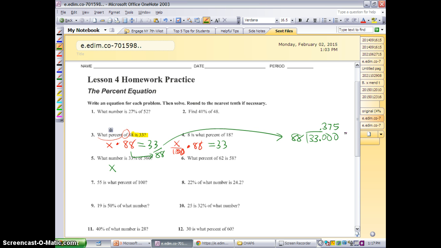I'm going to change that to a percent because it's a decimal. If I kept the 100 under the x, that's how I would change the decimal to a percent. So I'm going to move that decimal twice to the right, giving me 37.5% for number 3.